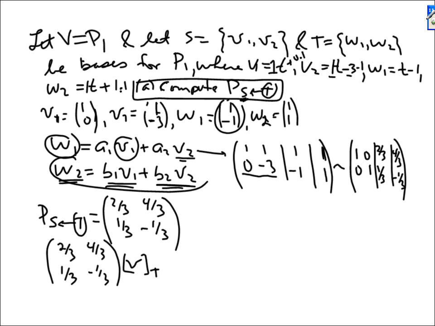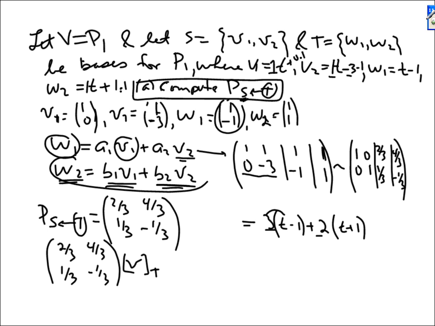Now, to save a little bit of time, 3 times the first vector, 3 times w1, 3 times t minus 1, plus 2 times w2. I'm randomly picking 3 and 2. 2 times w2 is t plus 1.